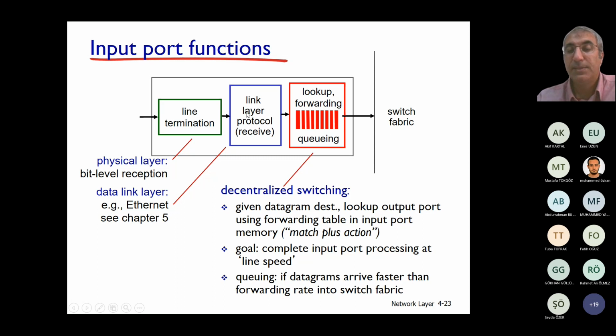If datagrams arrive faster than the forwarding rate into the switch fabric, then we may experience queuing. Because the arrival rate is greater than the switching rate, we need to put this in the queue. That's where the queuing happens.